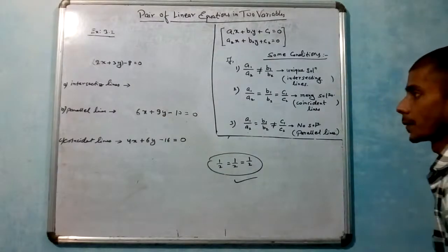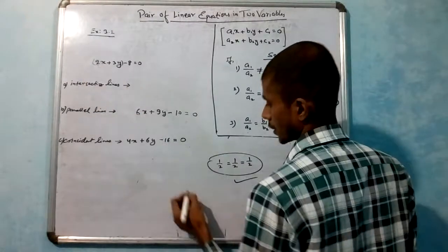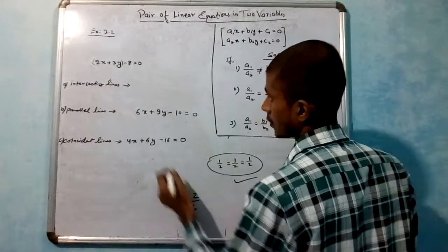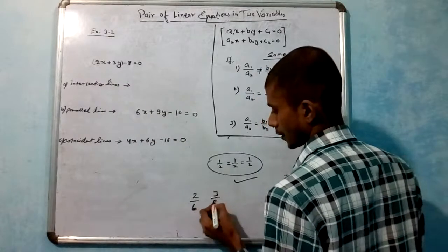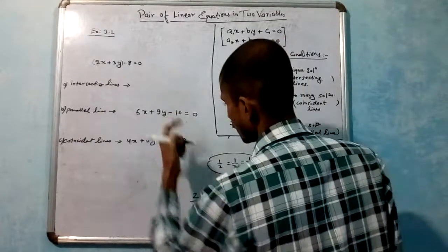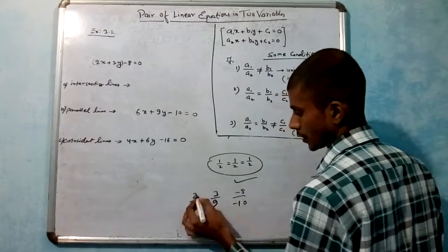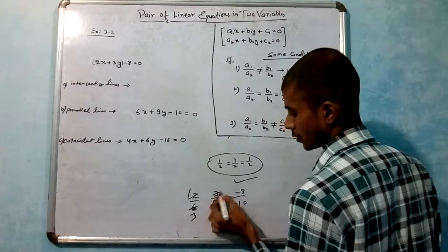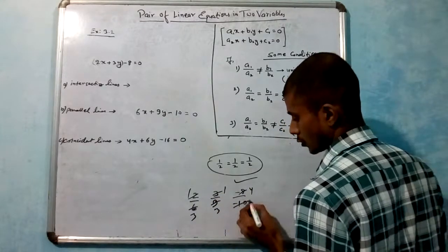Now come on, tell me. A1 by A2 is 2 by 6, B1 by B2 is 3 by 9, and C1 by C2 is minus 8 by minus 10. Find the ratio. 2 ones are 2, 2 threes are 6, 1 by 3, and 1 by 3, and 2 fours are 8, 2 fives are 10, 4 by 5.